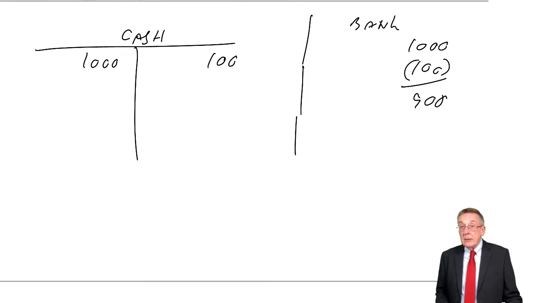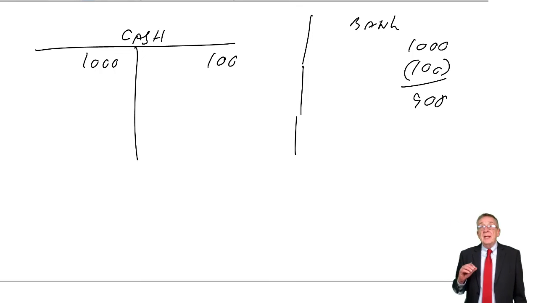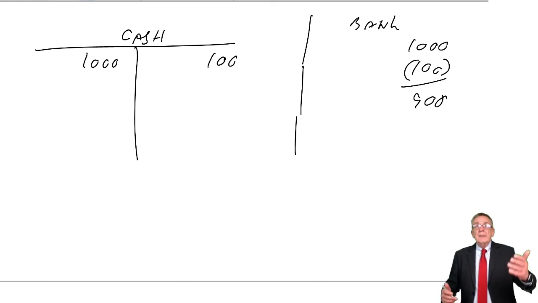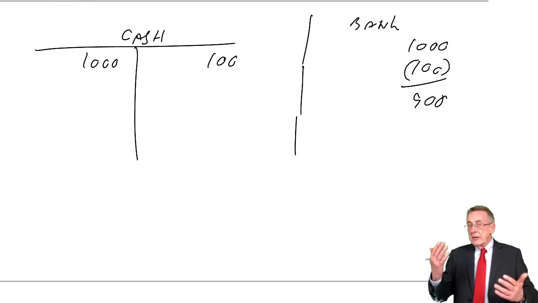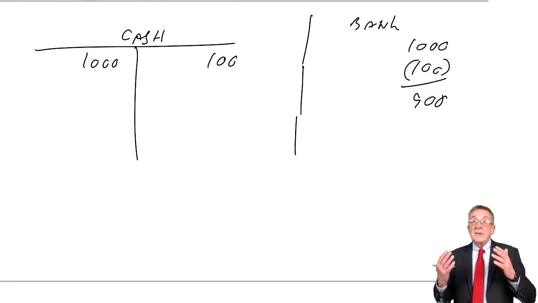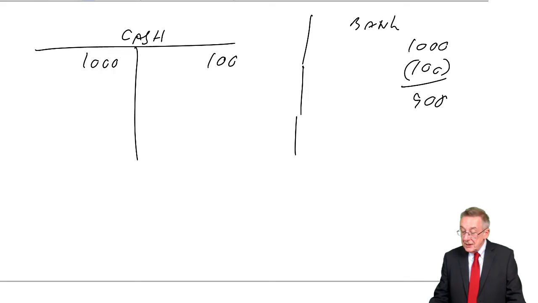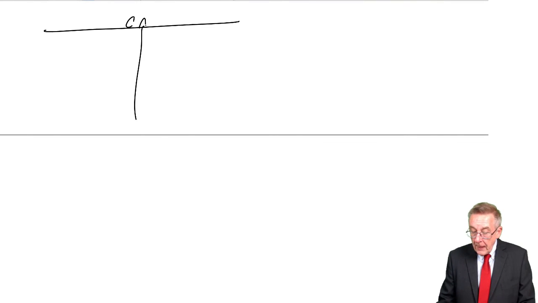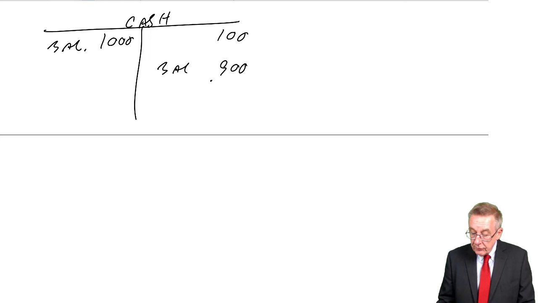However, finally, even if there have been no mistakes, then certainly in the UK, the bank statement will never agree with the cash book because of these cheques in the post. I showed you earlier, but I had 1,000. I've written a cheque for 100. I've only got 900 left.